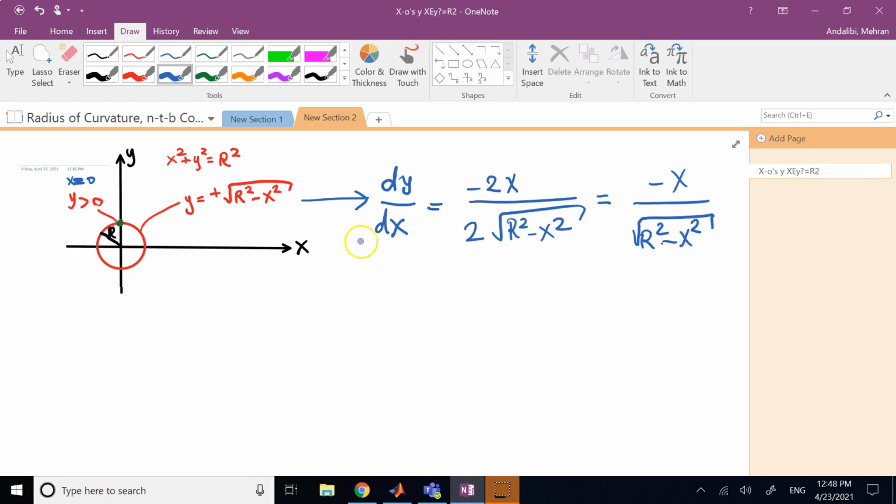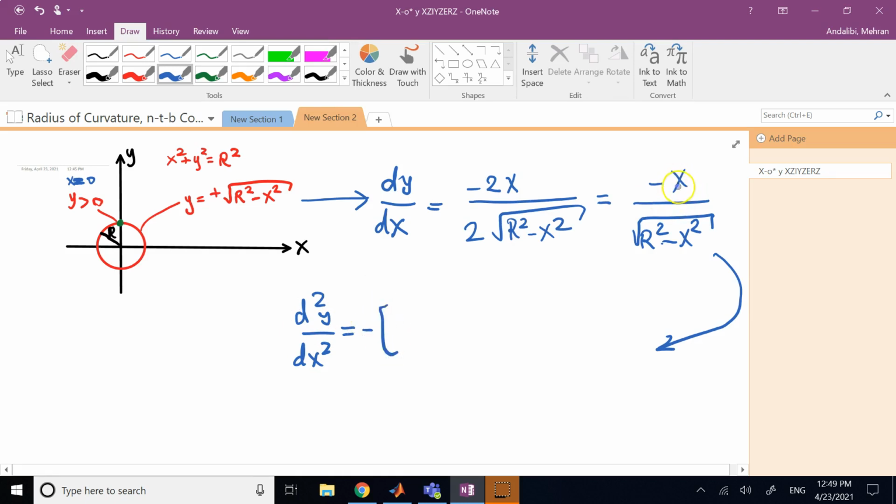That is the first derivative, and then from here, you can take another derivative, and so you will find your second derivative. This is a rational function. You can keep the negative outside.